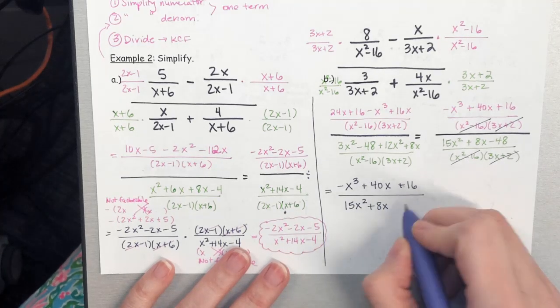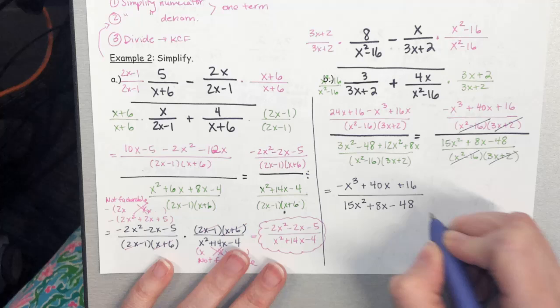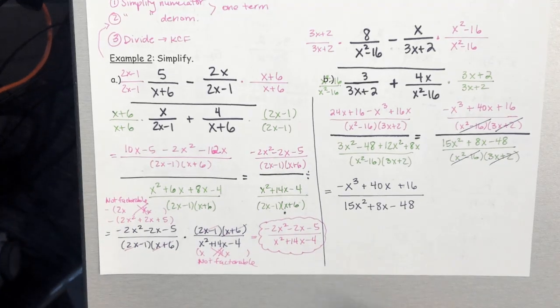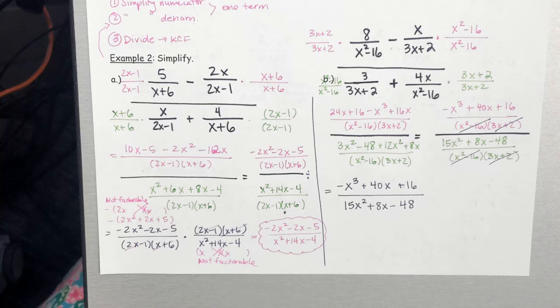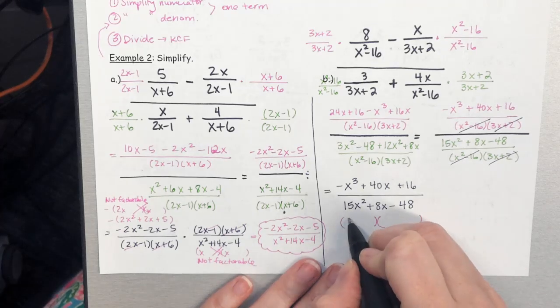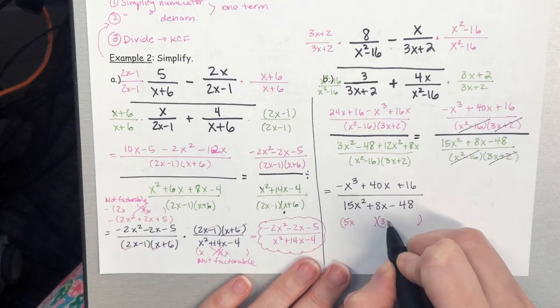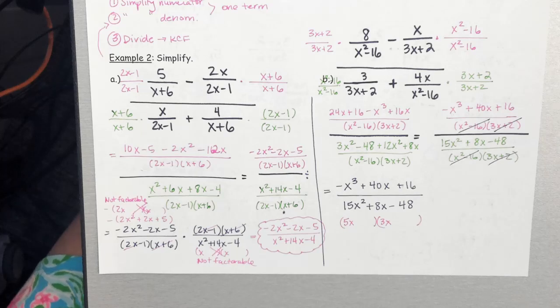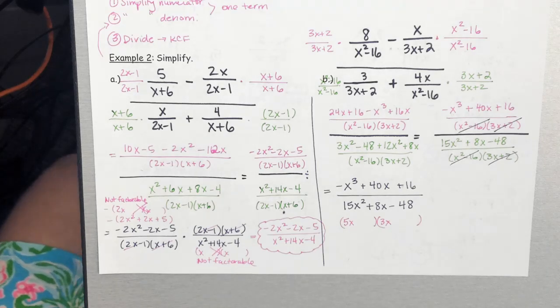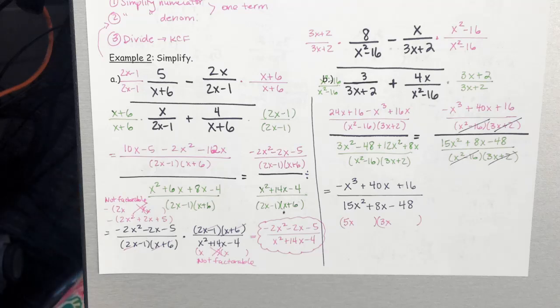plus 8x minus 48. Okay, and then here we have a negative 48, so that means we're going to have opposites. We're trying to add to positive 8, so I would do just some guessing and checking. Like 48, you know, is 6 times 8.